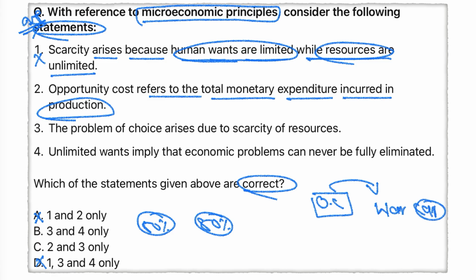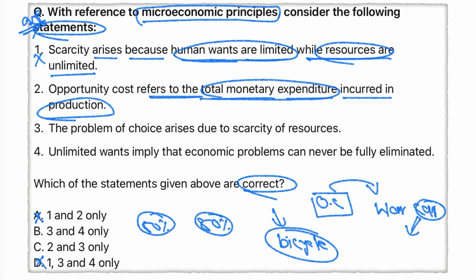Let's say I produce a car, that's my income. When I could have produced the bicycle, that bicycle income is the opportunity cost. So opportunity cost does not refer to total monetary expenditure. It's wrong. So option C is incorrect. Now option B: statements 3 and 4 are the only correct ones.